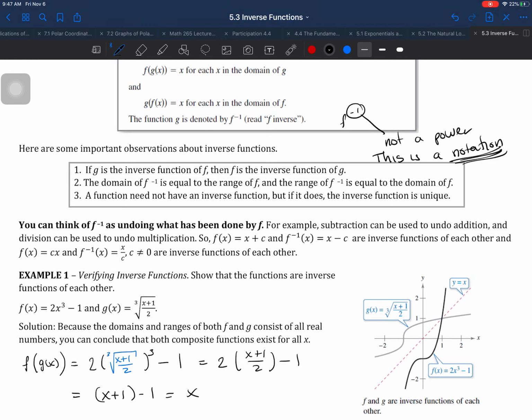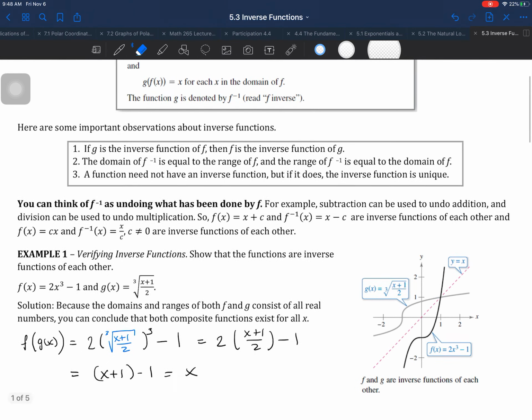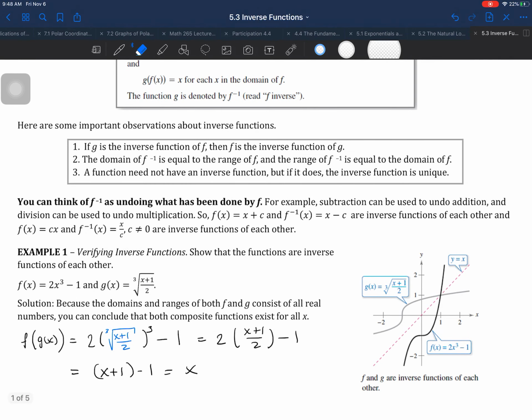What I mean by notation is just a mark, right? We could have just written this as this, or written it like this, something like that, right? It's just a notation that somebody came up with and stated that that's going to be your f inverse notation. But I get it. It is confusing because it looks like a power, but it's not a power.